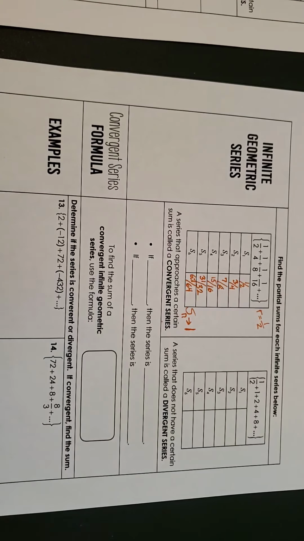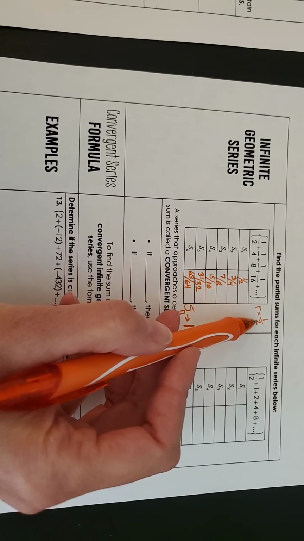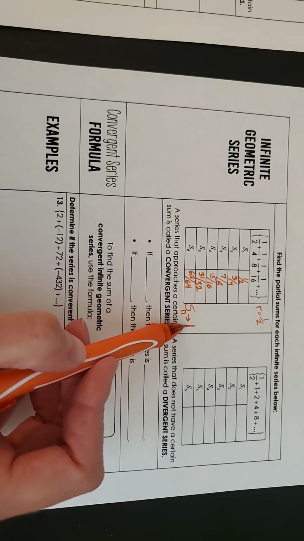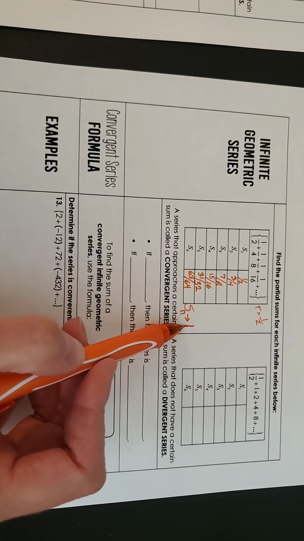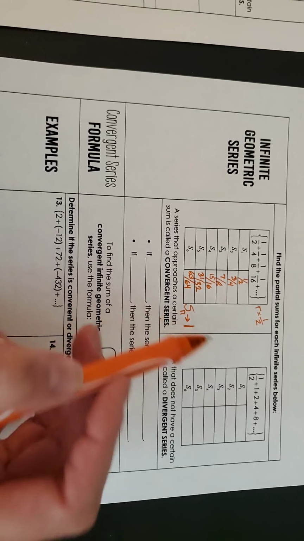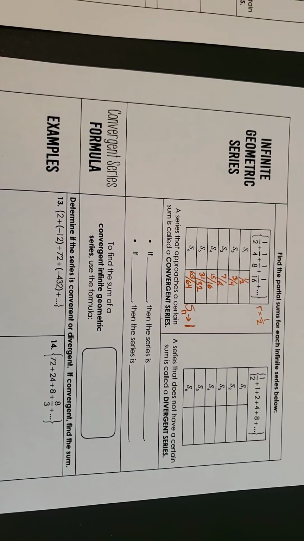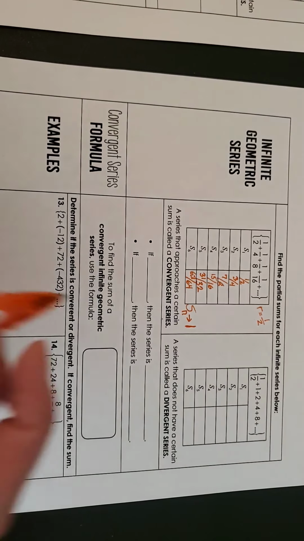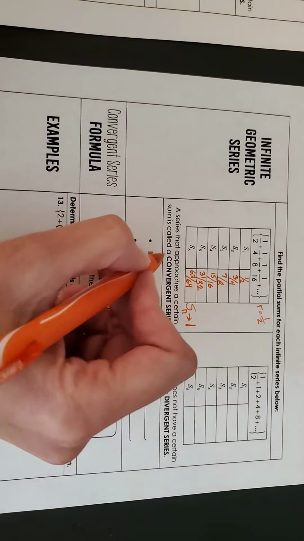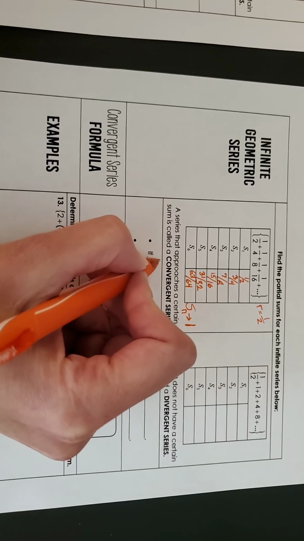It would just grow forever larger. But if the ratio is less than 1, we will actually have a limit on that sum. It won't always be 1. It could be 5. But it will approach a number and it will converge. And that occurs when our ratio is less than 1.